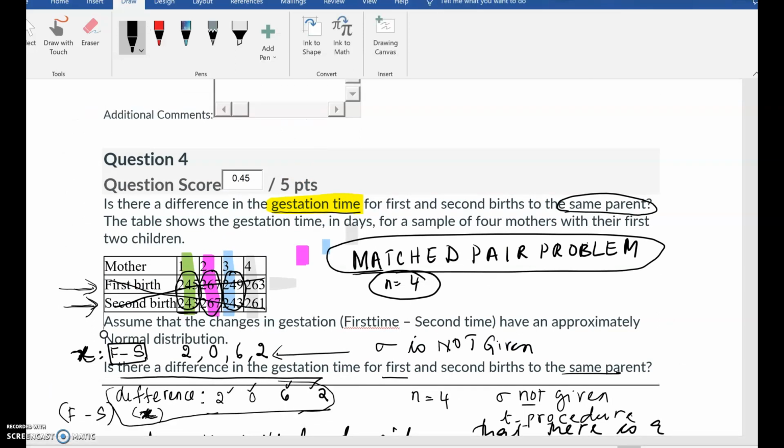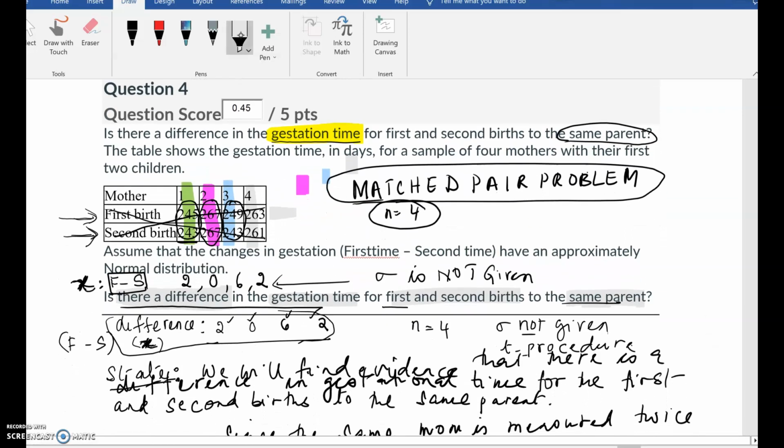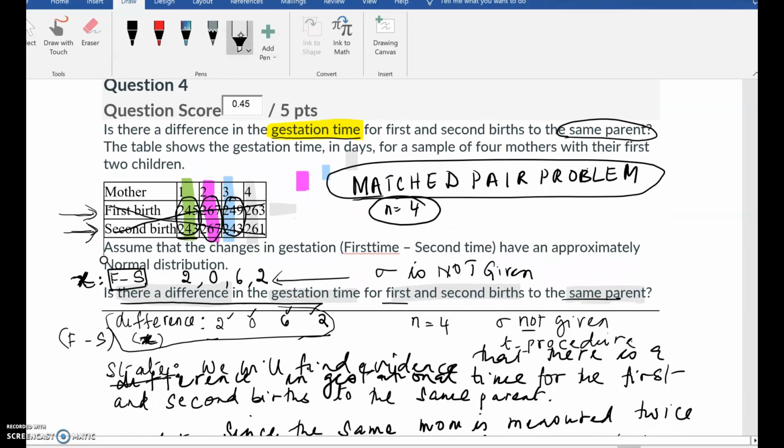So if you read the question further, it says, is there a difference? That's what is there a difference in the gestational time for the first and second births of the same parent? So how do we answer this question? There are 2 things that you could be asked for. One is a confidence interval. What is a confidence interval?